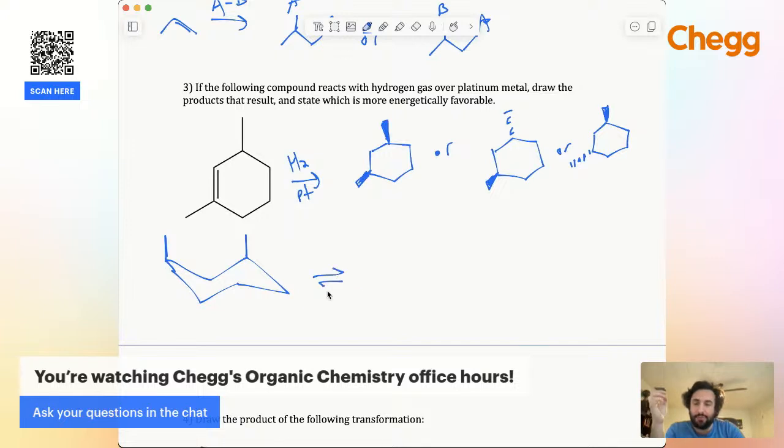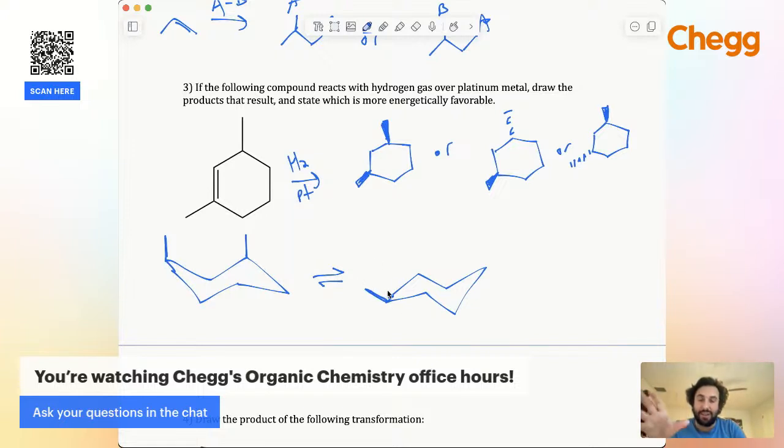Now let's do the chair flip. So we have to draw the other chair. And remember, this is the leftmost carbon. On the leftmost carbon, there's a methyl pointed up, and now still on the leftmost carbon, there's a methyl pointed up. It just happens that on this chair, up is axial, and on this chair, up is equatorial.